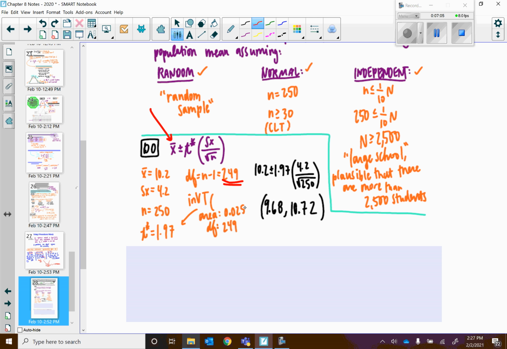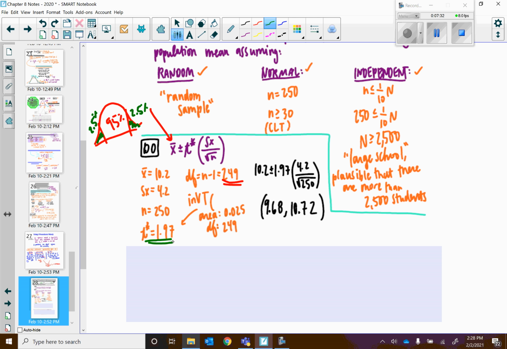If it's a 95% confidence interval, then we have 2.5% right here, and 2.5% right here, which means the area to the left is 0.025. Our degrees of freedom is 249, which would give me a t critical value of 1.97.